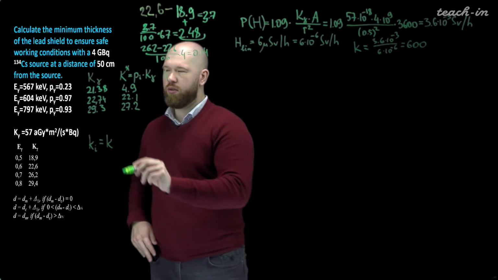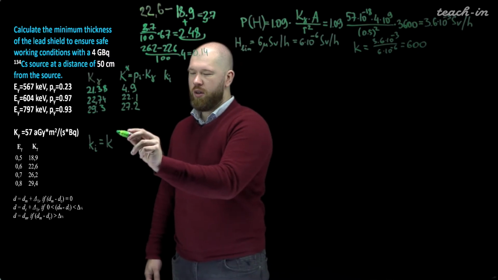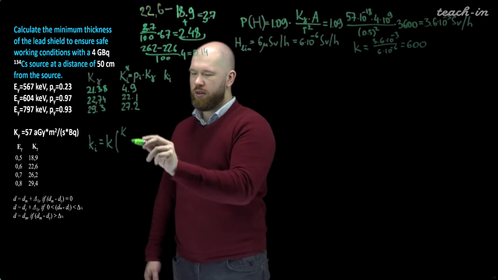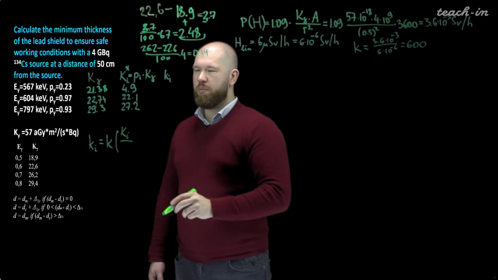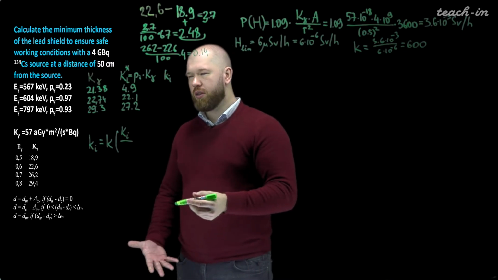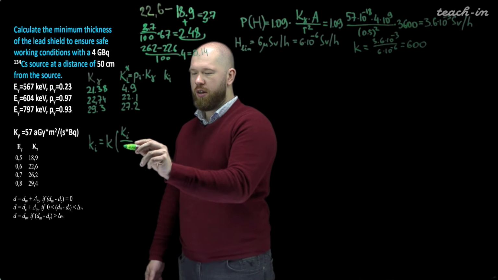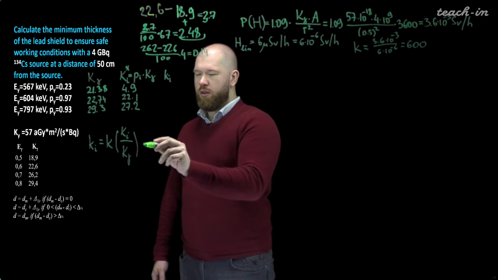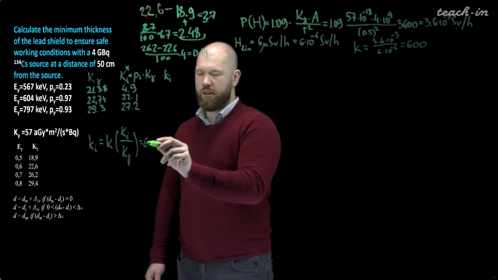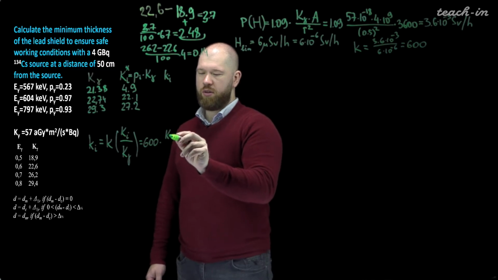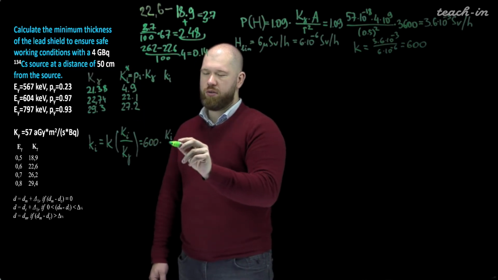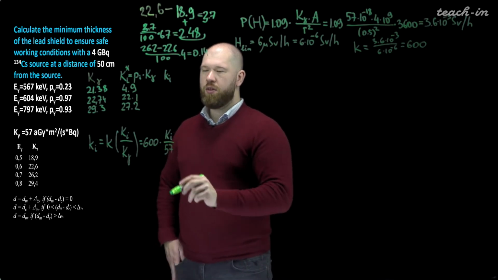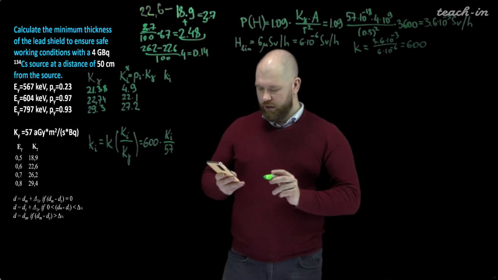It will be the overall attenuation coefficient multiplied by the relationship between the partial gamma constant for each line divided by the overall gamma constant. So in this case it will be 600 multiplied by our partial gamma constant divided by the overall gamma constant. So let's calculate it for each line.